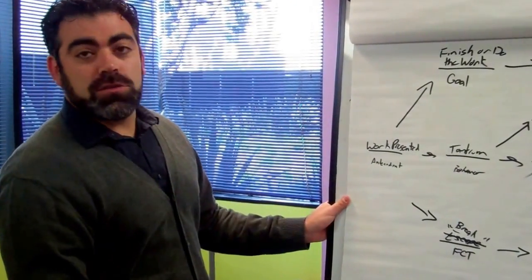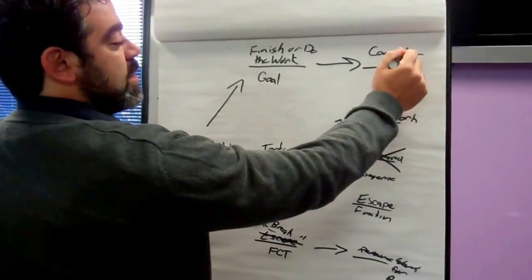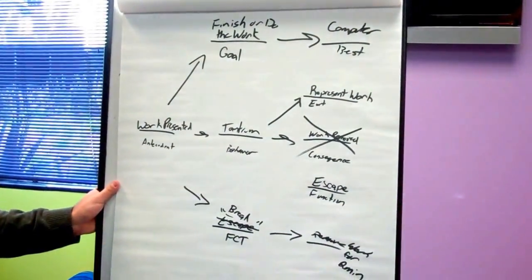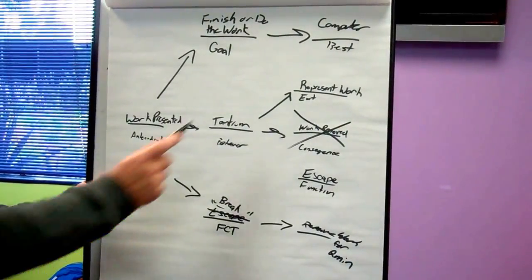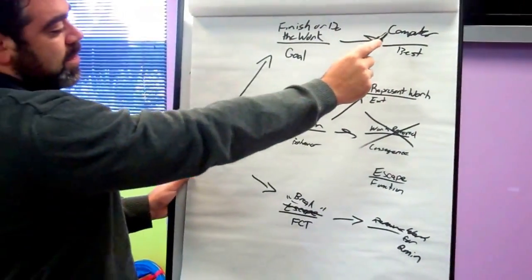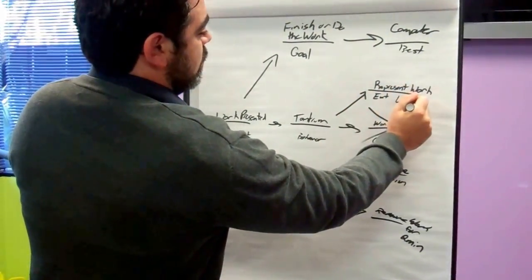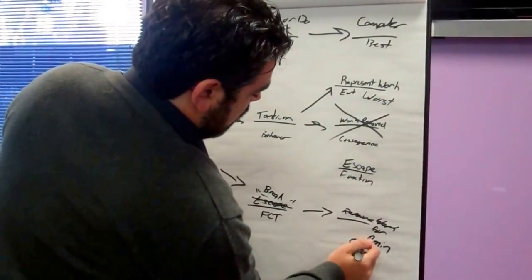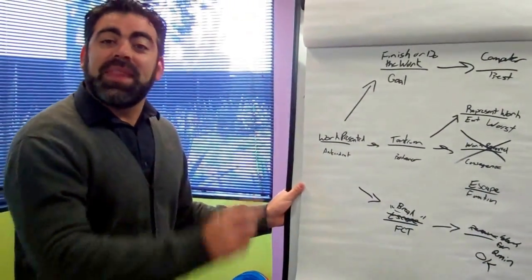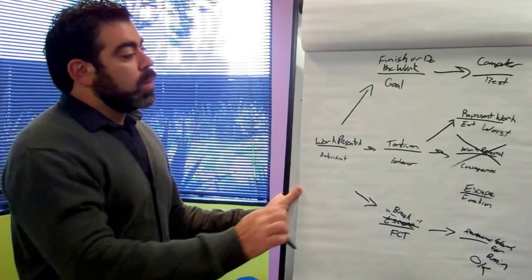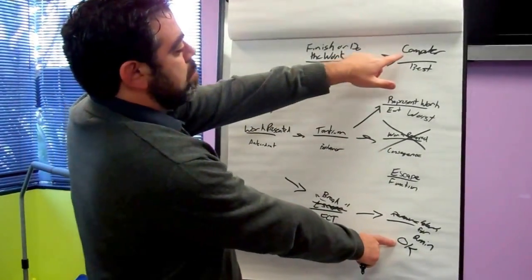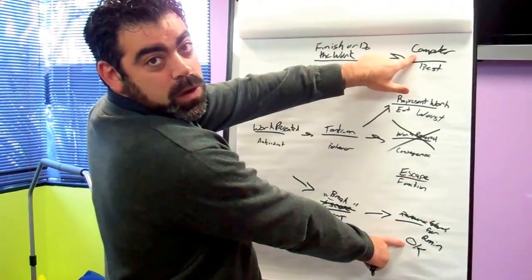Now, a couple things you'll notice here. This is the best. This is the best consequence of our list of consequences. This is the absolute best. This is the worst. And this is okay. And that's exactly what we want. We don't want this FCT consequence to be better than the completing work consequence.